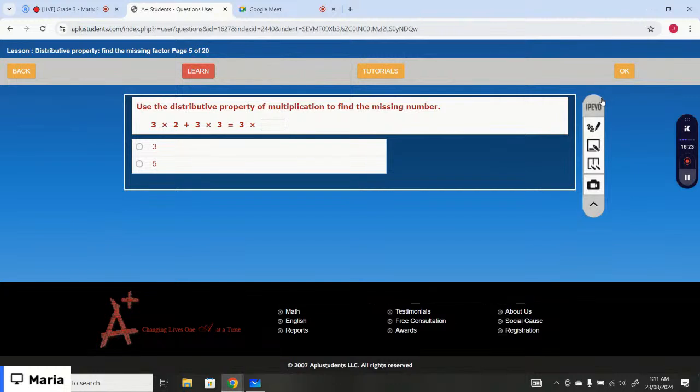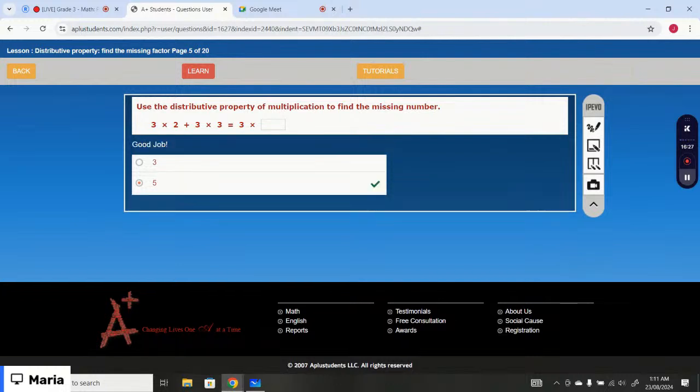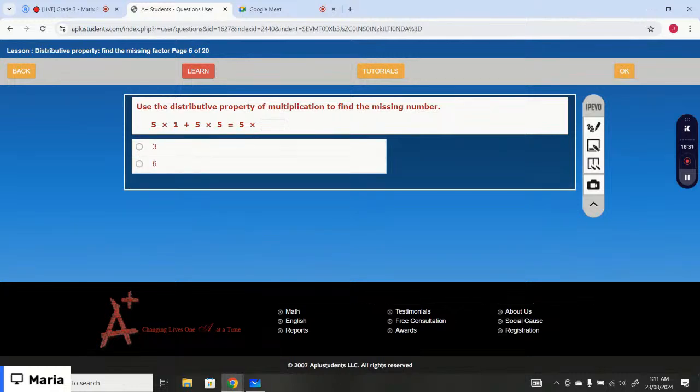The missing number is 5. Use the distributive property of multiplication to find the missing number. So which number is missing? 5 times 1 plus 5 times 5. So which number is missing?